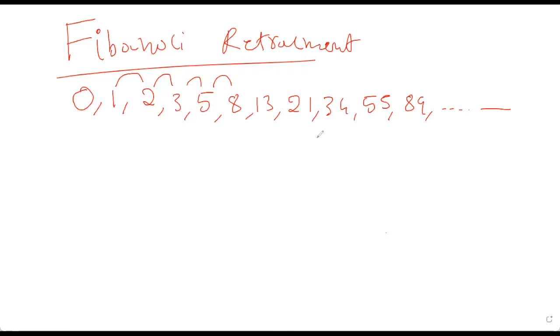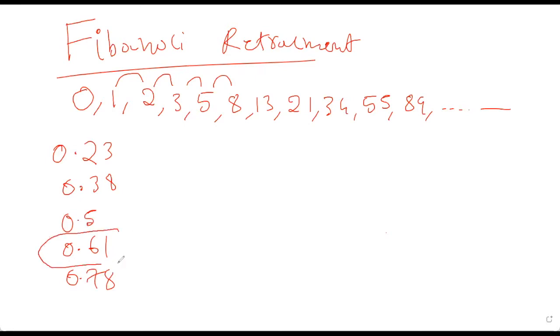So now using this Fibonacci series, we'll derive some golden ratios. The golden ratios are 0.23, 0.38, 0.5, 0.61, 0.78 and so on. These are all the golden ratios, which are very powerful to find the supports and resistance.